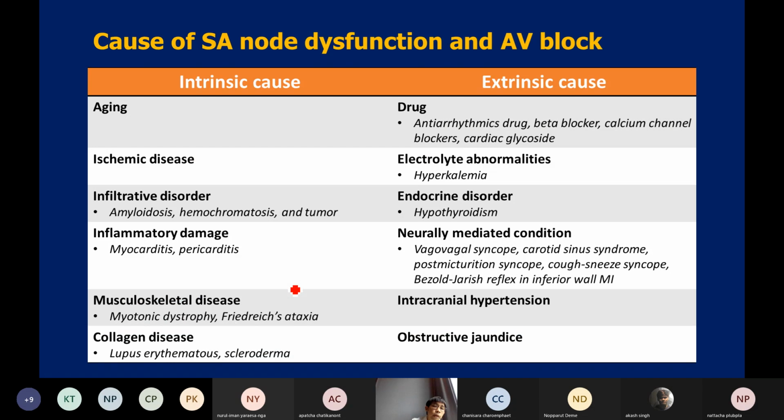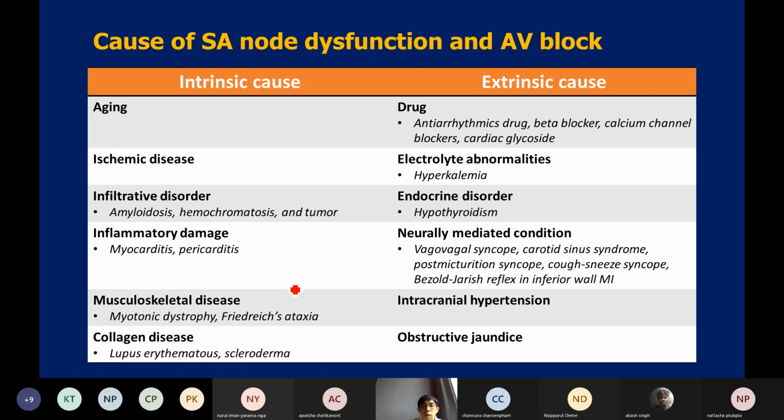After we know that it is AV block from the 12-lead ECG, and we know where the site of block is, we also have to investigate what the cause of AV block is, and whether the cause is reversible or not reversible.